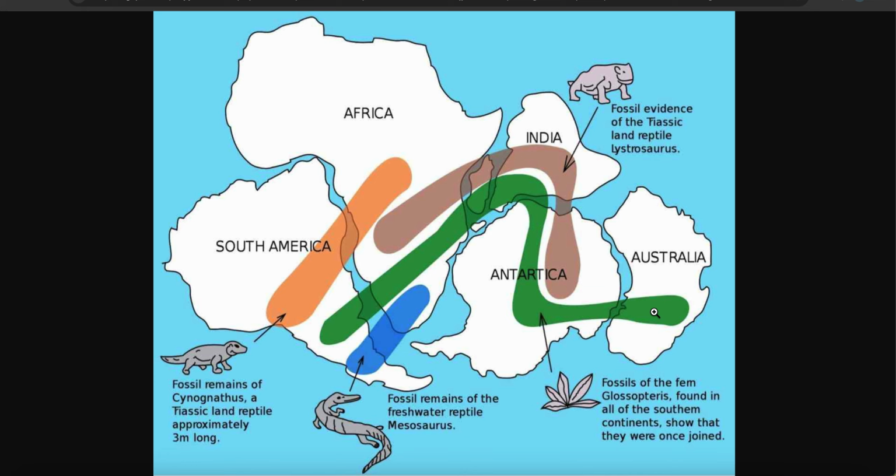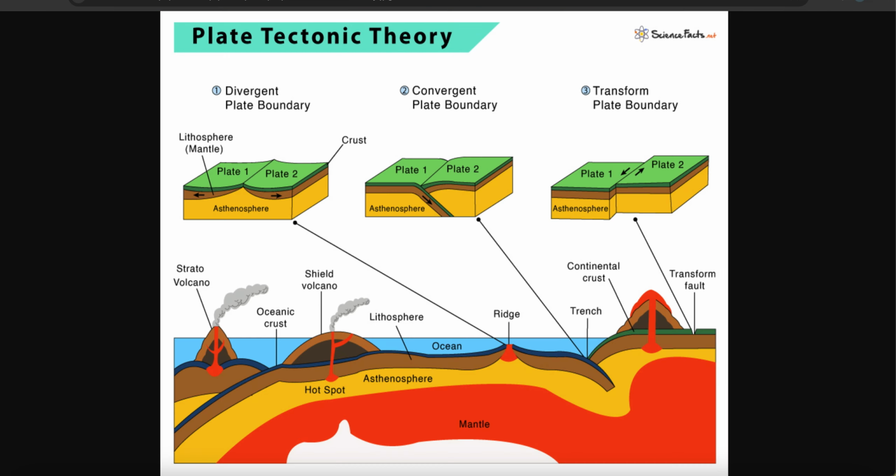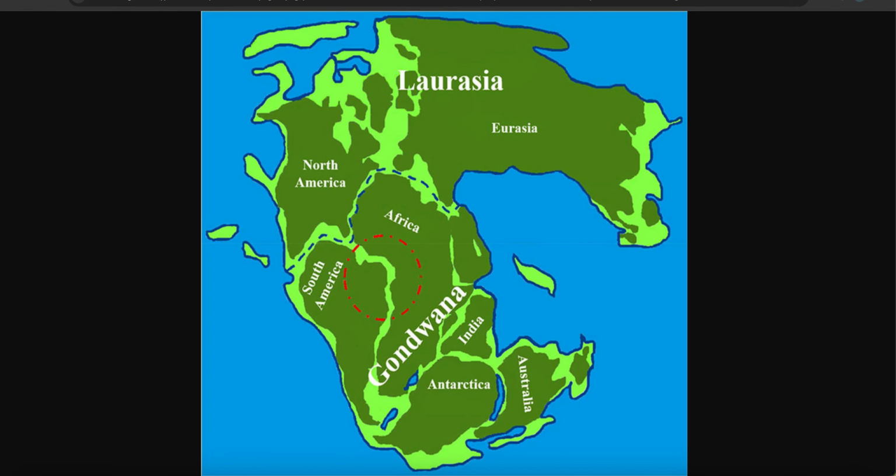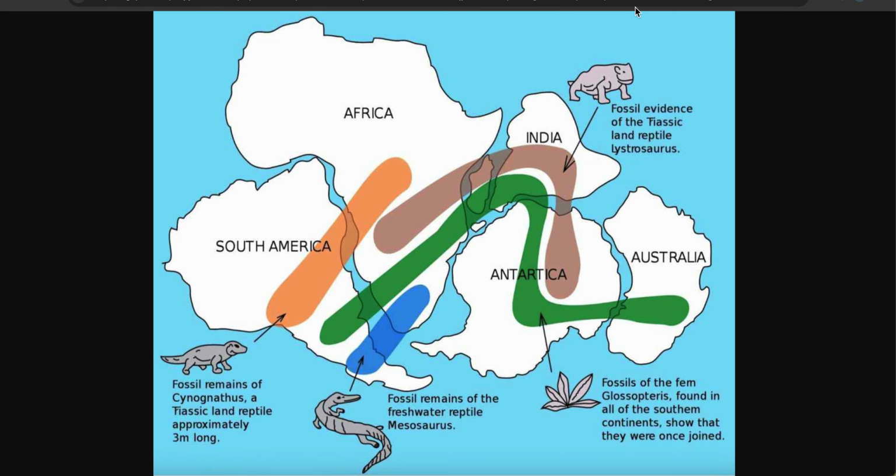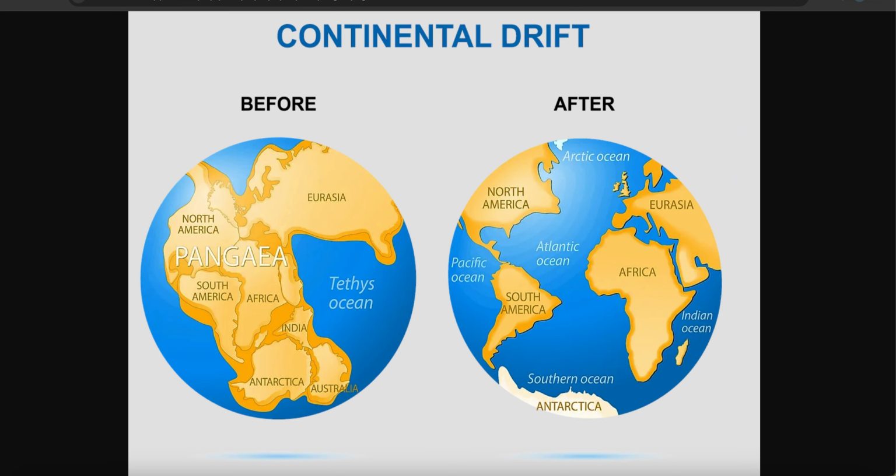And so there's a lot of biome information that we use to understand continental drift, and there's a lot of plate tectonic information that we use to understand continental drift. Let me go back to my other map. I've lost it.